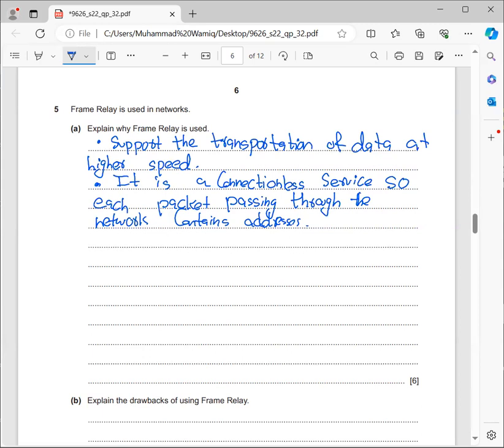Like, first of all, it supports you in your transportation. It supports you in your data packets.